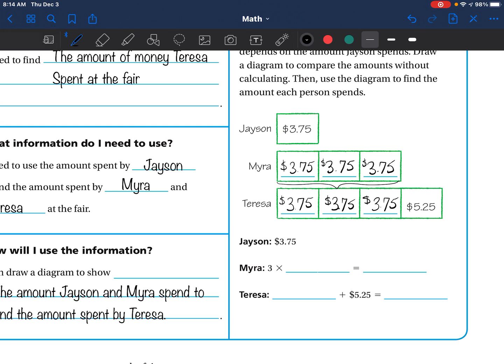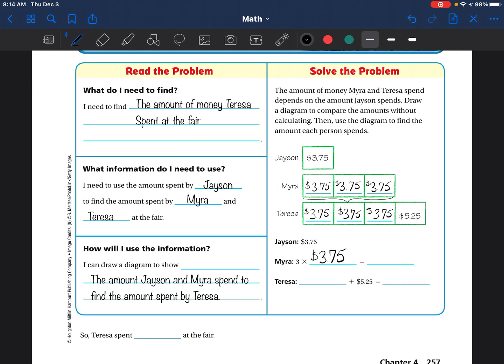But Myra, in order for us to solve, we could add all 3 of those together, or we could just take 3 times 375. So I'm going to go up here where I have a little bit of room, and I'm going to multiply that by 3. 3 times 5 is 15. 3 times 7 is 21, plus 1 is 22. 3 times 3 is 9, plus 2 is 11.